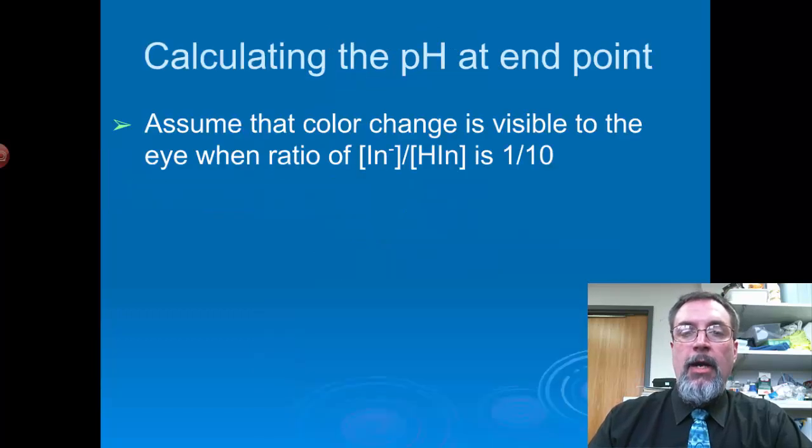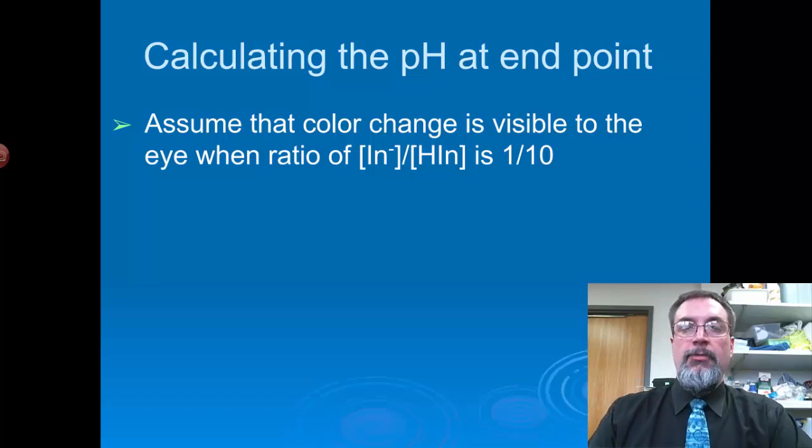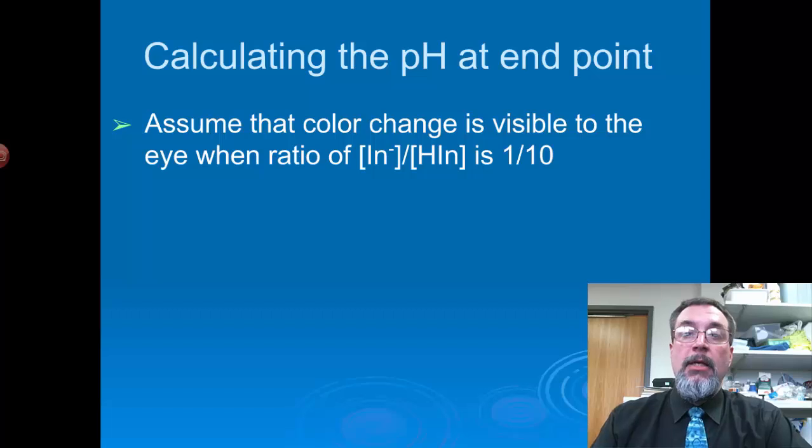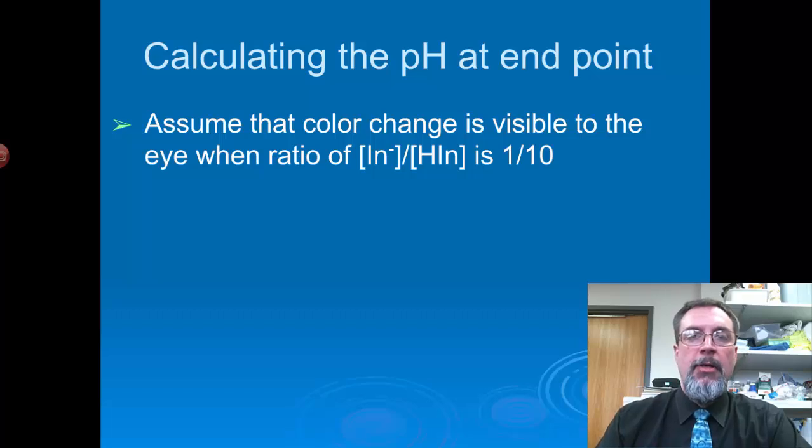If you want to figure out the pH at the endpoint from a particular indicator, we have to make an assumption, and the assumption is that when you can see the color change, the ratio of the basic form to the acidic form is 1/10. Now we've seen that base to acid concentration thing before in the Henderson-Hasselbalch equation.